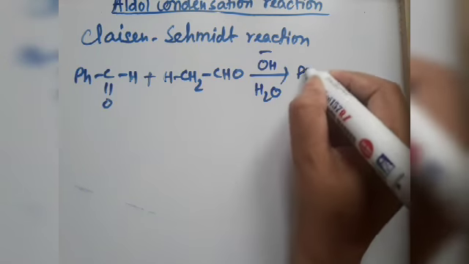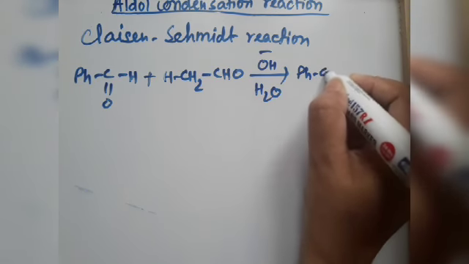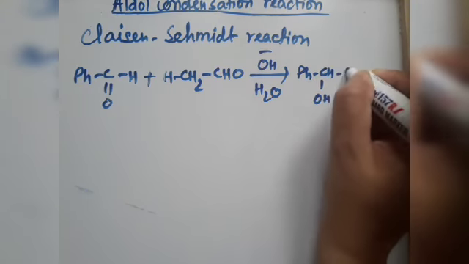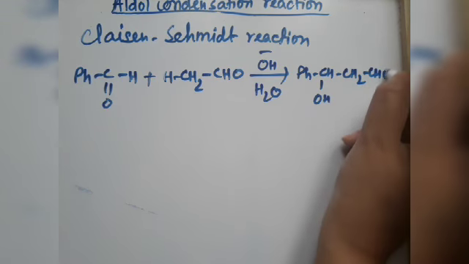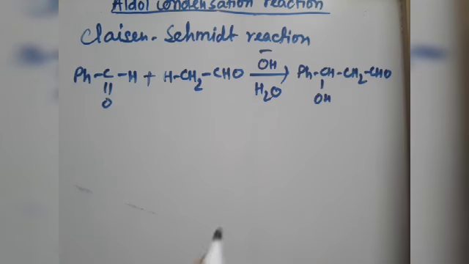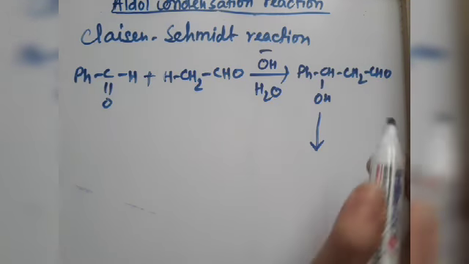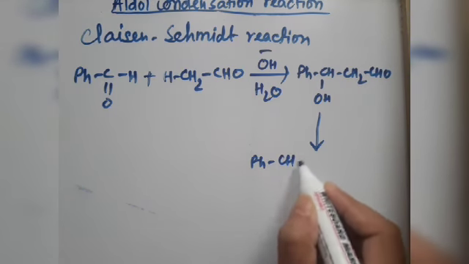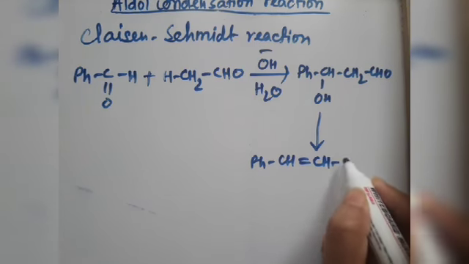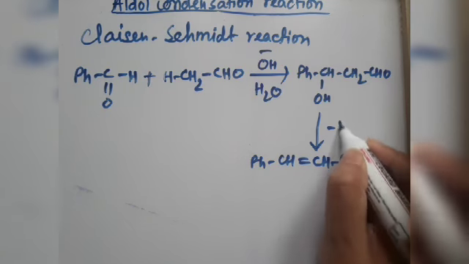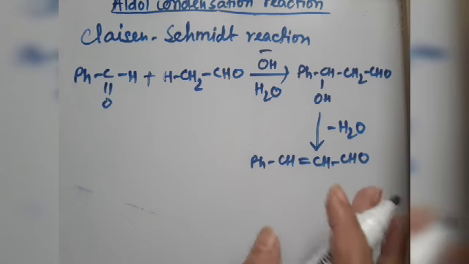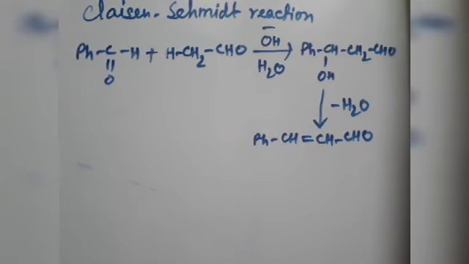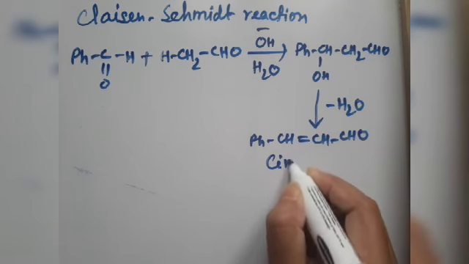So at first we will get PhCHOH CH2CHO. This is our aldol, but as I have told you, the product always undergoes dehydration. So we will have PhCH=CHCHO by the removal of one water molecule. It has a common name. This is known as cinnamaldehyde.